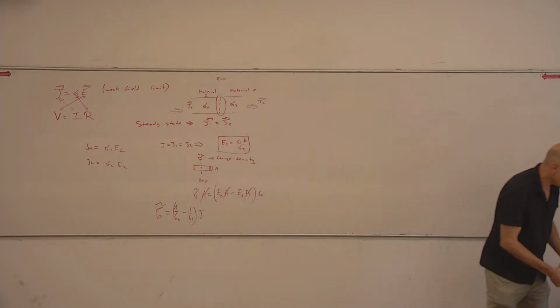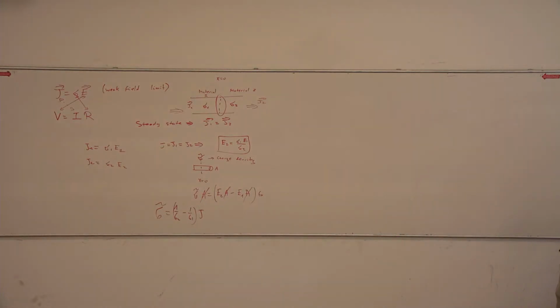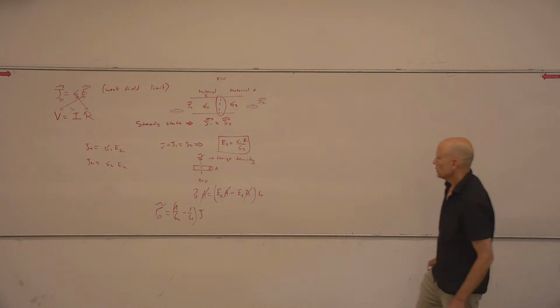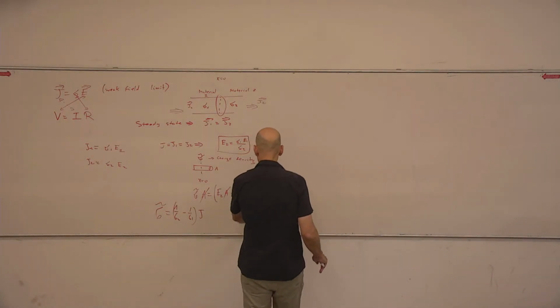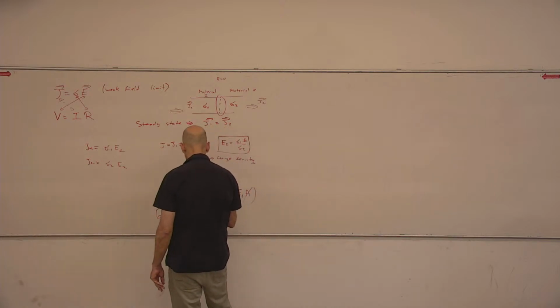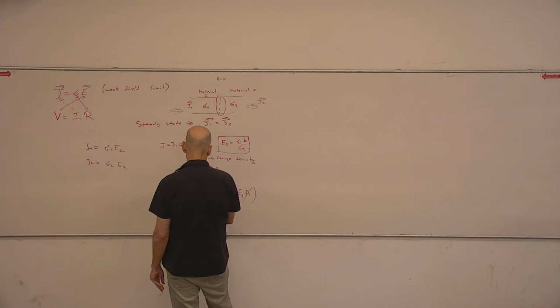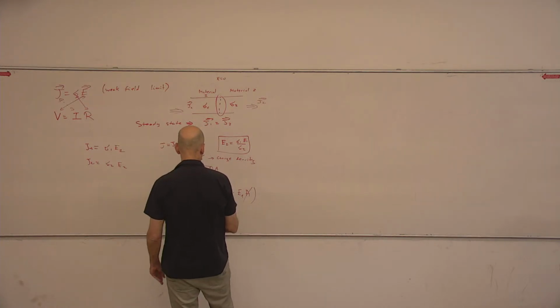Where is the epsilon 0? Sigma is here, I think. Wait, what is going on here?